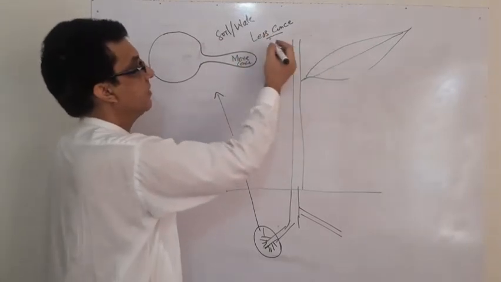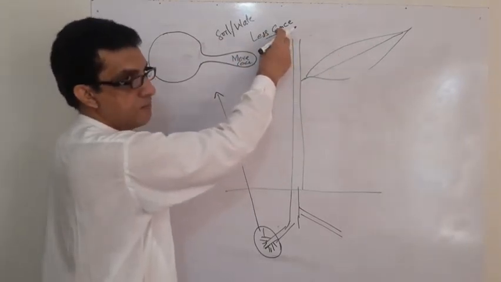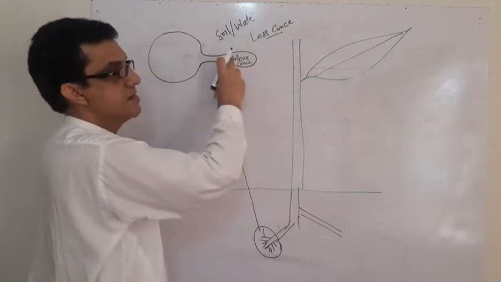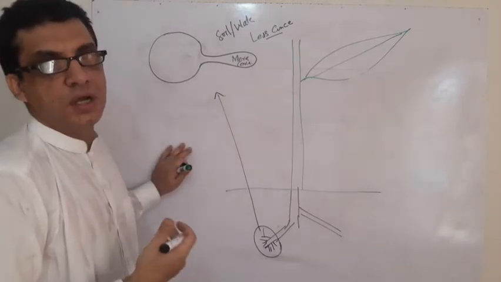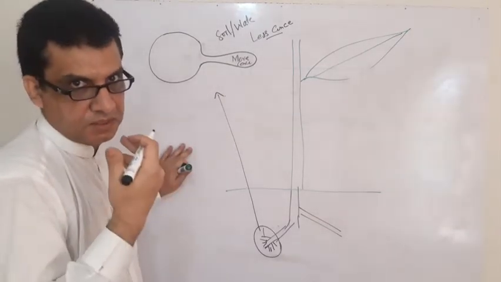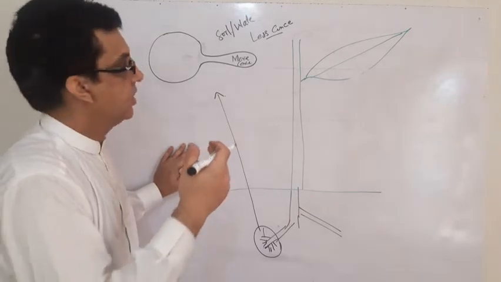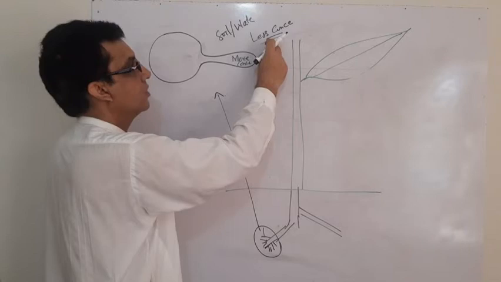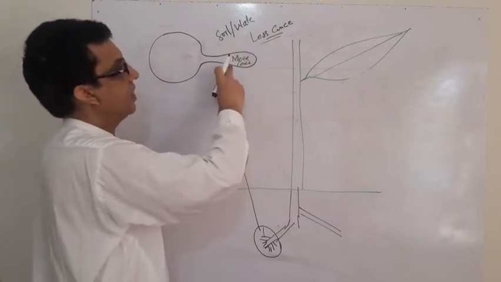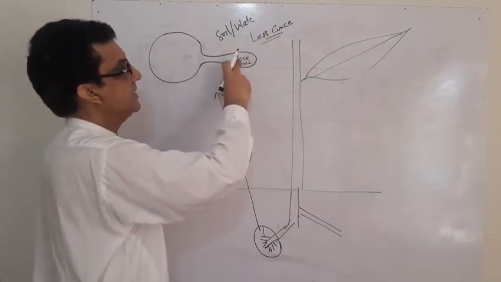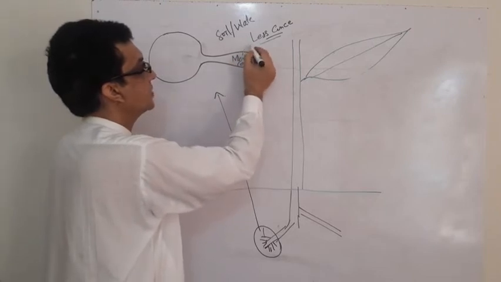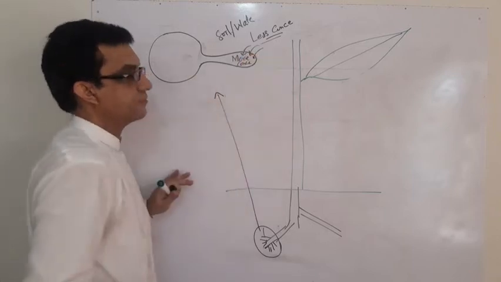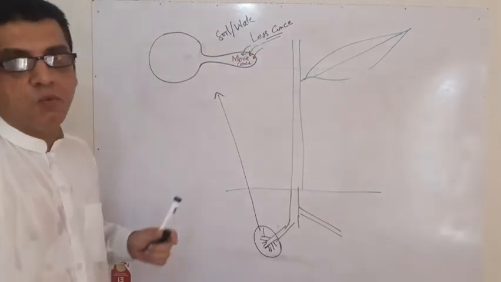Like in that example, there was 1 spoon of minerals or salts outside, and inside there is, let's suppose, 2 spoons of minerals. So the concentration of water outside is more and the concentration of water inside is less. Through the osmosis process, the water will move inside and the plant will absorb water.